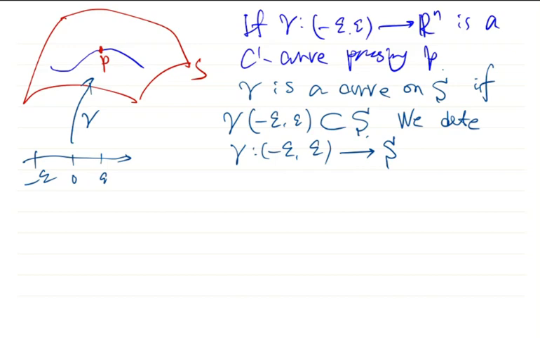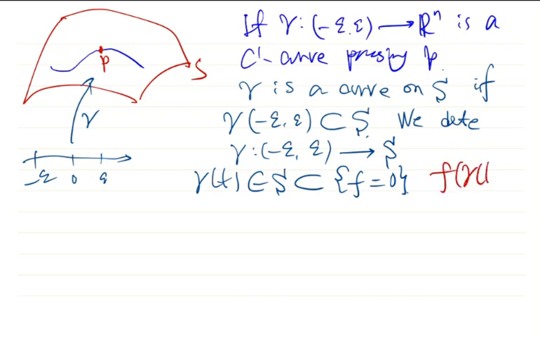That is our S. Okay. So gamma(t) belongs to S, and S is a subset of f equal to 0. Therefore, f(gamma(t)) is 0 for any t in the interval.